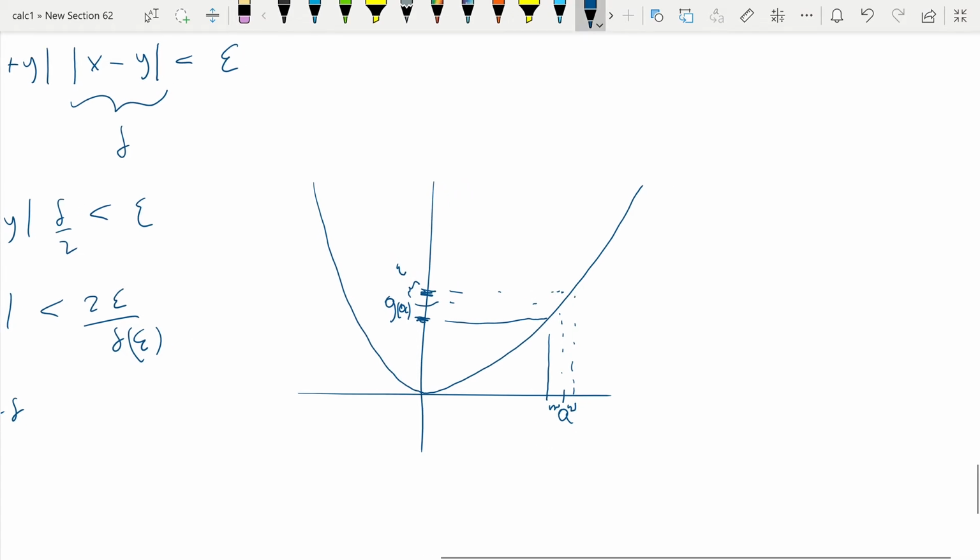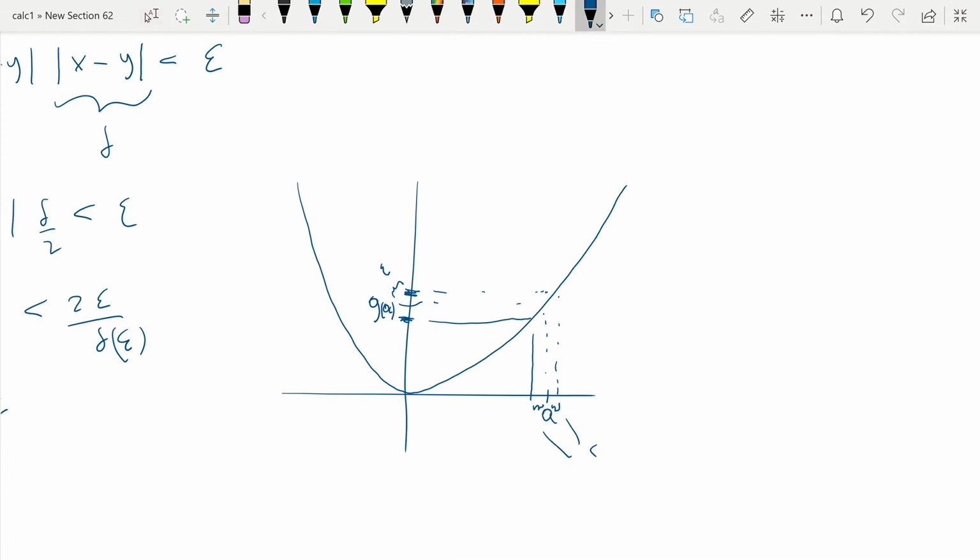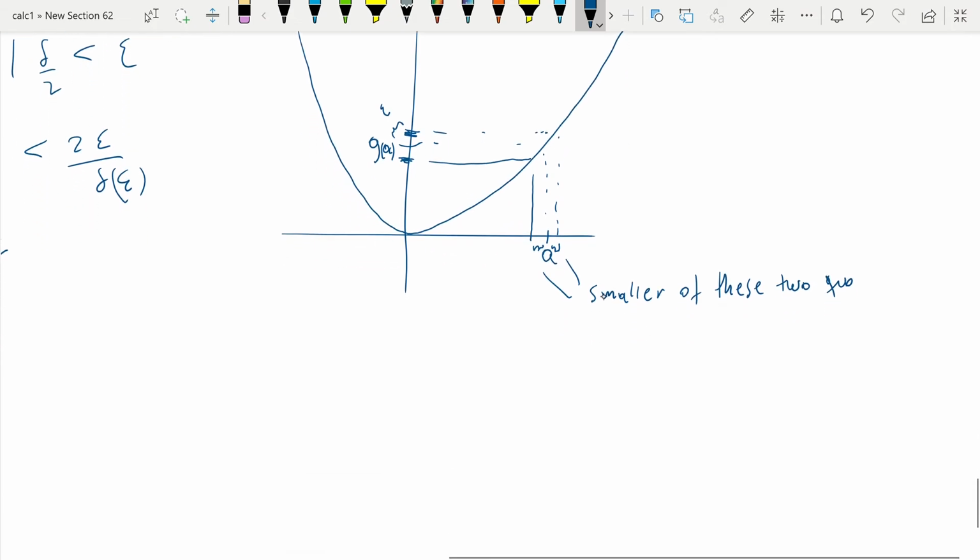The smaller of these two quantities is going to be your delta. So if your distance from A is delta, then the image of that point is going to be within distance epsilon from g of a.